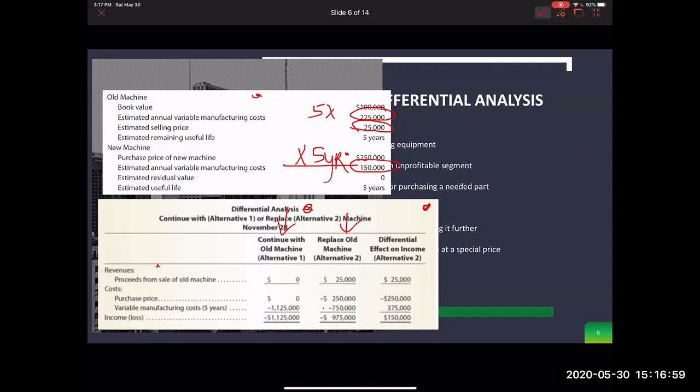Now, it's important to note here that the variable manufacturing cost is significantly less with a new machine because it's new, right? Everything is functioning as it should. It's cutting the wood or the parts as it should. It's not wasteful. Everything is just top notch. So that is the reason why the manufacturing cost on the new machine is a lot less.